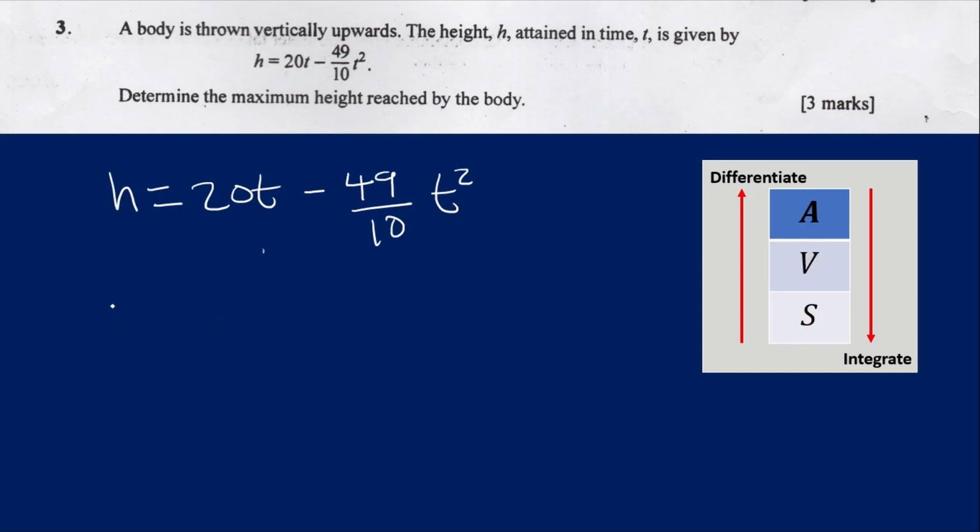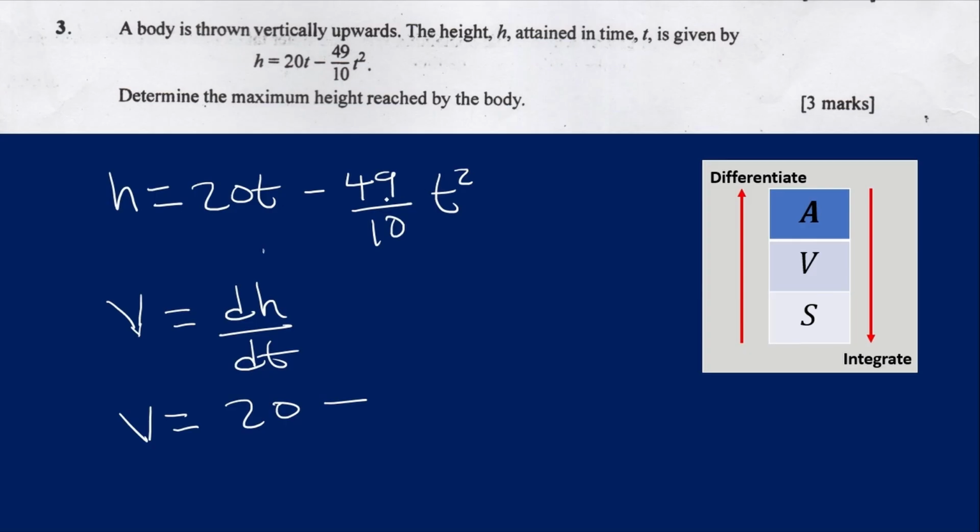So now velocity is given by the differential of the height. Remember, the height is the same as the distance with time. So now velocity will therefore be, when you differentiate 20t, you get 20 minus the differential of 49 over 10 t squared.